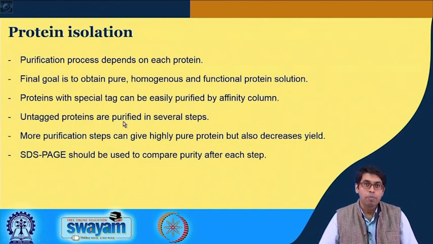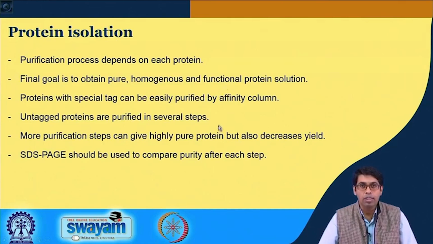Here we have a several-step purification of protein. More steps means the end product will be highly pure, but it also means that we keep losing protein at every step, so the final yield is decreased. There is always a compromise between the yield and the purity of the protein that we obtain.